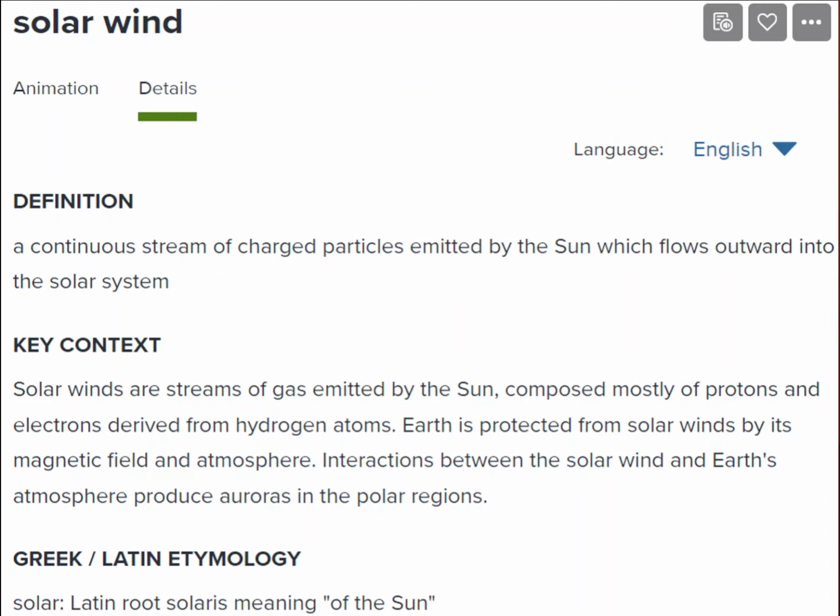Now, what we know about the solar wind is that it is made up mostly of protons and electrons from hydrogen atoms, because most of our sun is hydrogen. So it's the protons and electrons from those hydrogen atoms. Now, Earth happens to be protected largely from solar winds and their negative effects by both our atmosphere and our magnetic field.